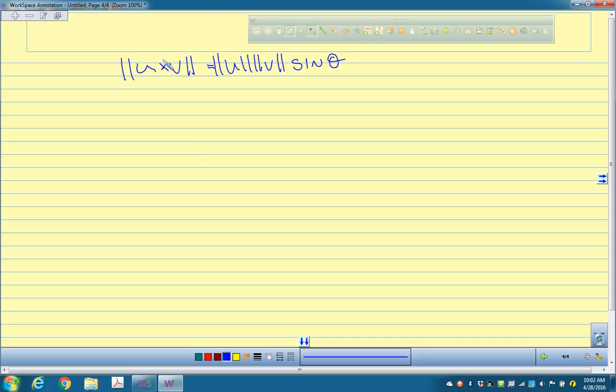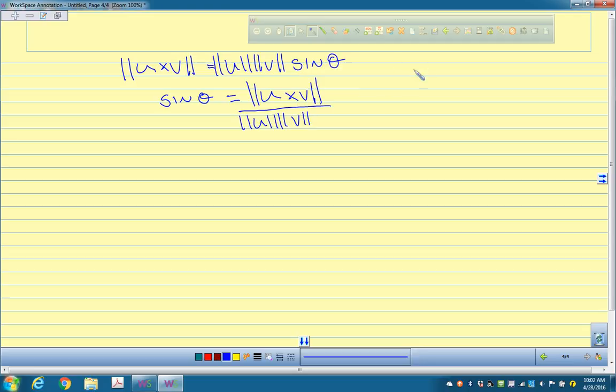You could use the dot product to find the angle between two vectors, but if I do some simplification, I get that the sine of theta is equal to the magnitude of U cross V, which is a positive number, divided by the magnitude of U, also a positive number, divided by the magnitude of V, also a positive number. So if I take the inverse sine of this quantity, I would get the angle between those two vectors.